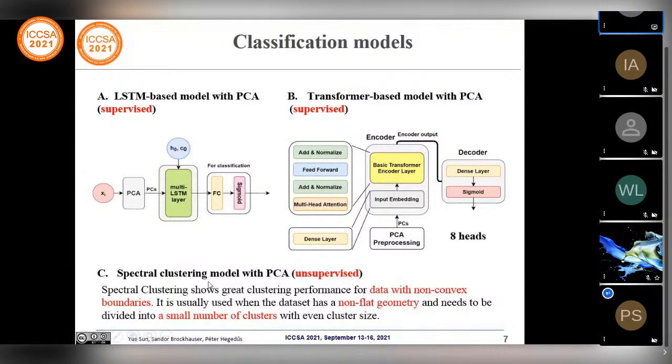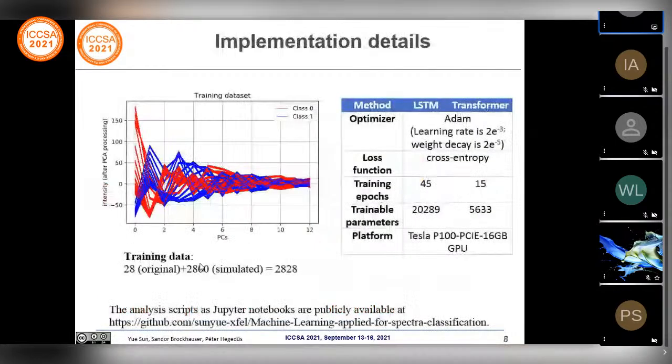And the reason we chose the spectral clustering model is because it is very suitable for a dataset with non-flat geometry, and it only needs to be divided into a small number of clusters. And here we show more details of the implementation of the LSTM and transformer-based models. Here is the training dataset.